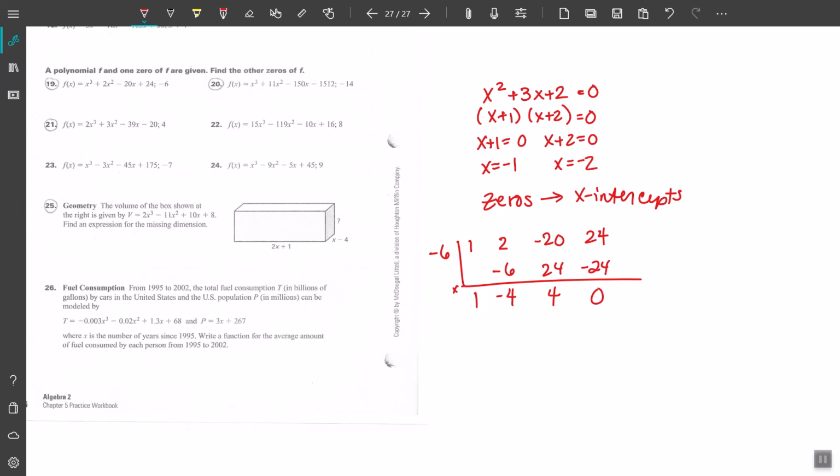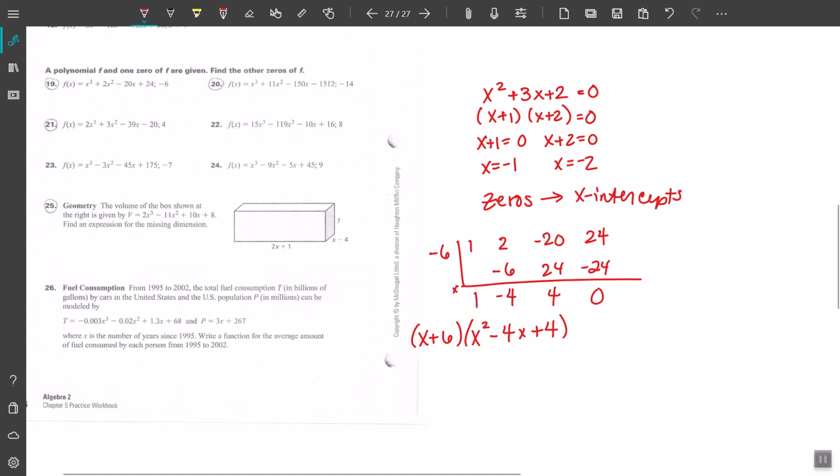Okay, and then I'll end up with the remainder of 0 again. We're going to go back, look at our highest degree, which is x to the third. That means this is x to the second minus 4x plus 4. All right, so there's one of the factors, and then the other factor is x plus 6. The reason it's x plus 6 and not x minus 6 is because they had already solved for the 0 here.